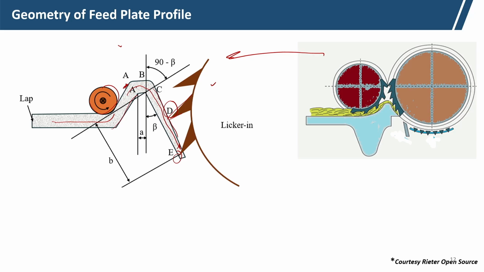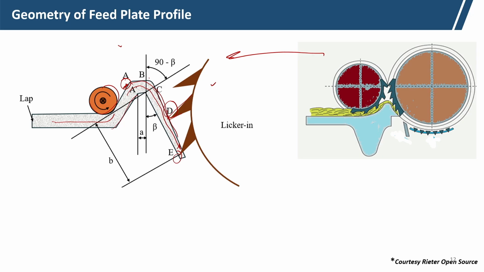So, the total lap length is A, B, C, D, where A is the last gripping point with the feed roller, and D is the point where the fibers at the upper surface come under the action of the Licarin.